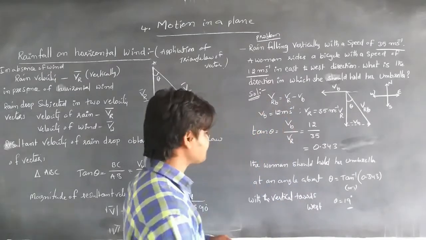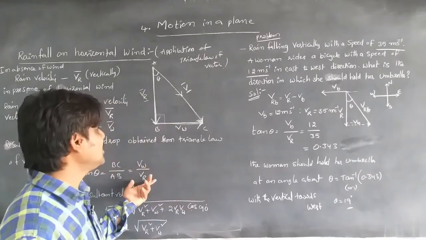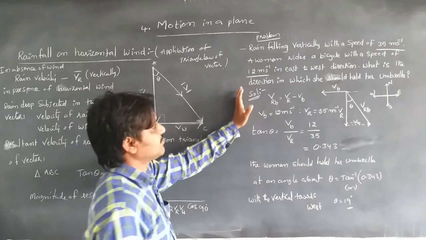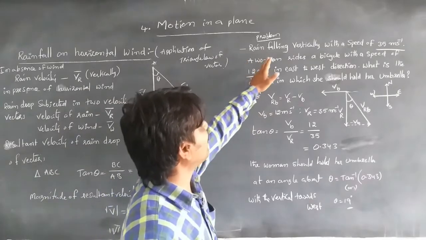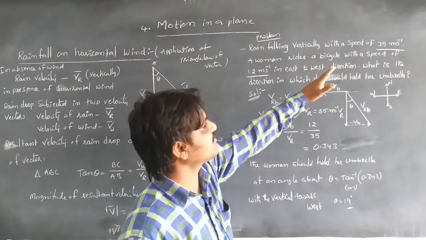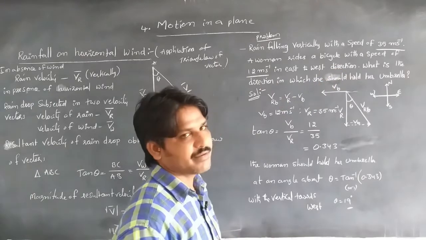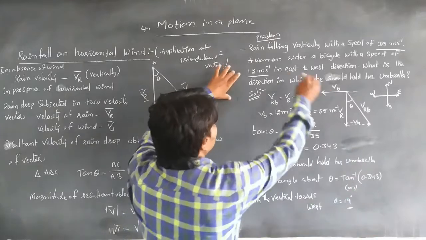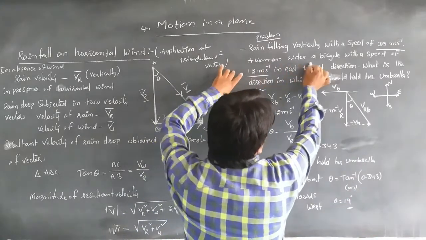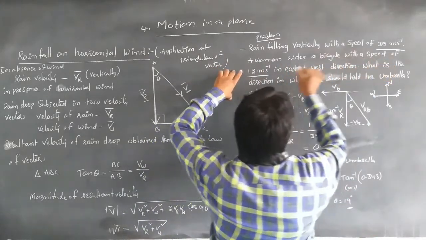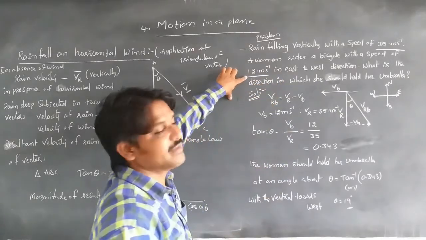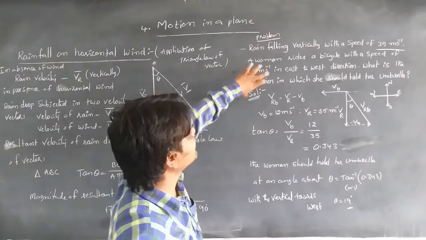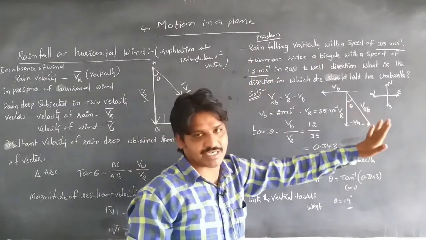Based on this rainfall concept, here is an important problem. Rain is falling vertically with a speed of 35 meter per second, and a woman rides a bicycle with a speed of 12 meter per second in the east to west direction.